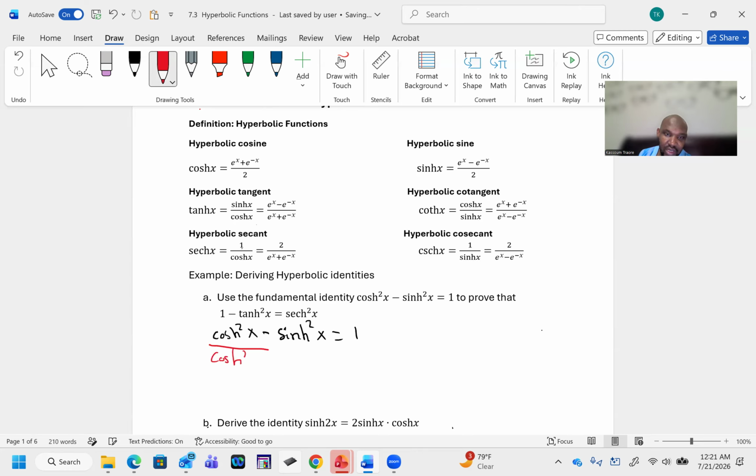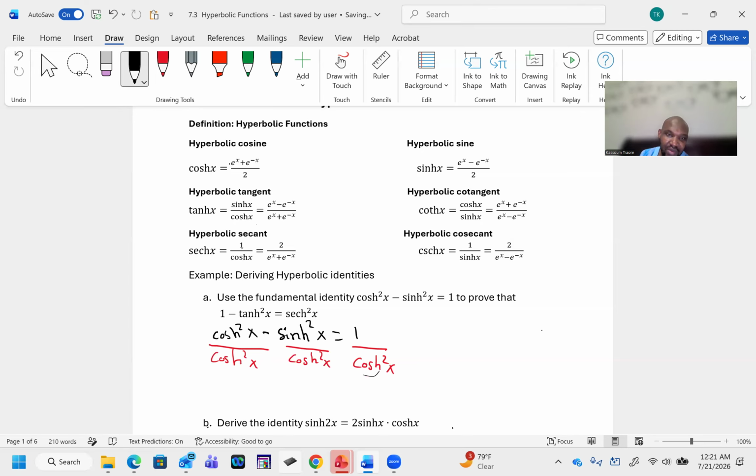Look, and I will tell you why I'm doing that. So I divide each term by that. And why did I do that? Because I can see this one will give me hyperbolic tangent square, and this one would be 1, right? And 1 divided by hyperbolic cosine square is what?